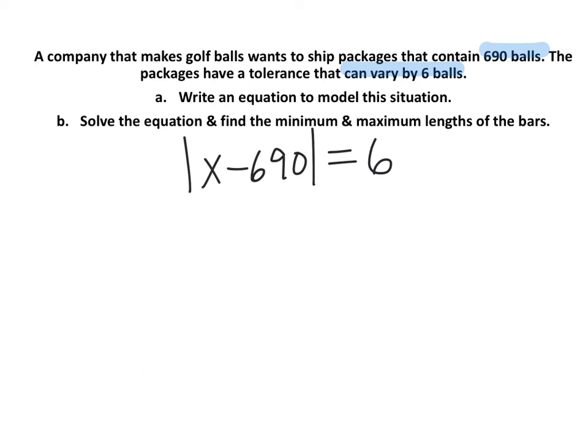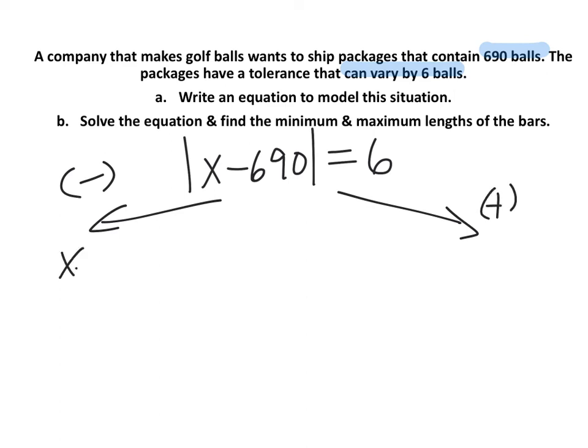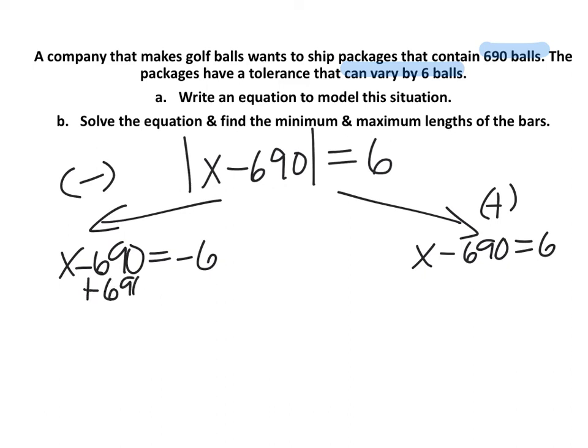The next part is solve the equation to find the minimum and maximum. So we break it up into two parts. The negative, the positive. We got x minus 690 equals negative 6, and x minus 690 equals positive 6. When you add 690 to both sides, you get x equals 684.